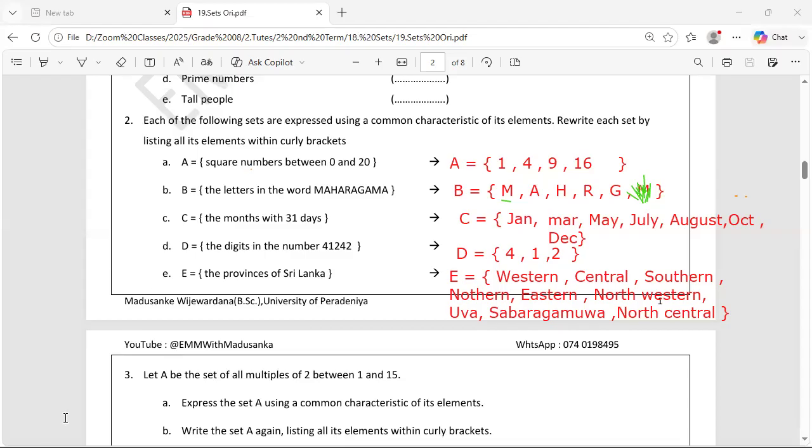Right, okay. So I am moving to the next part. Shall we do the third part as well?